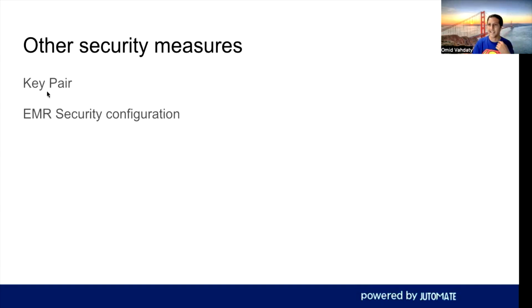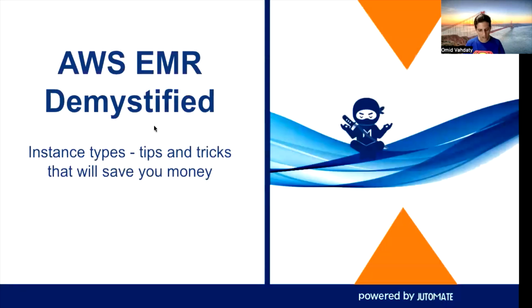Only let it run automatically via steps. You can use EMR security configurations, which essentially allow you complex security settings, such as encryptions and so on and so forth. Any questions about security before we continue?